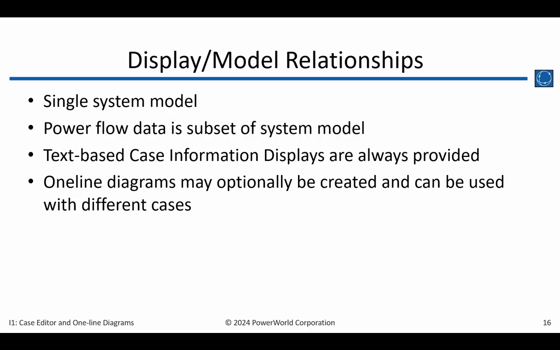But one-line diagrams can optionally be created, and they can also be used with different cases. So there's not a one-to-one correspondence necessarily between a one-line diagram and a case. You can have a single one-line diagram that's used by multiple cases, or within a single case, you might have multiple one-line diagrams that have different features shown on them.